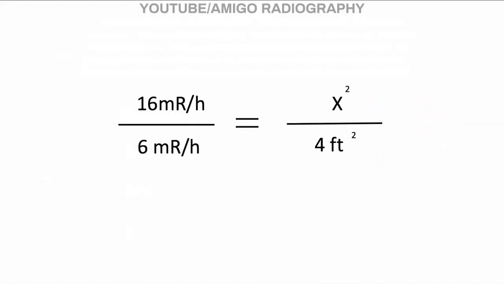Now that we have the word problem written out, we can begin solving it. The first step in solving this problem is going to be squaring both distance 1 and 2. This can be done by either multiplying 4 by itself or by using the square function on a calculator. As you can see, 4 squared becomes 16, and x squared remains x squared.